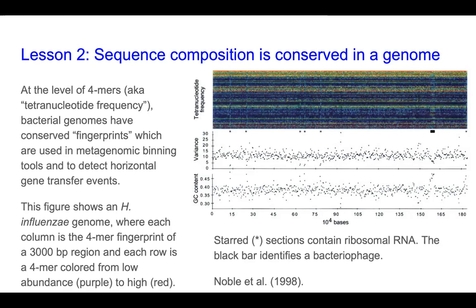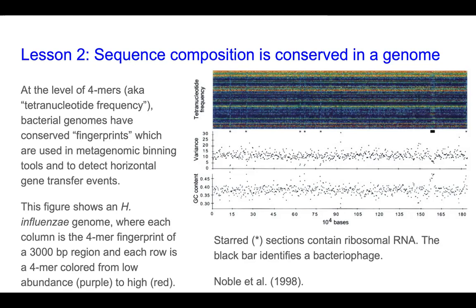A notable problem with this is the ribosomal operon, which is much more constrained in its sequence composition than any other part of the genome, and always sits between 40 and 55% GC, regardless of GC content of the rest of the genome.